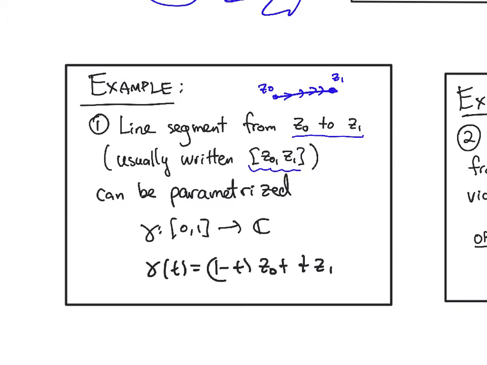And I can parameterize it using the interval 0, 1, and I'll just write gamma of t is 1 minus t times z0 plus t times z1. And so it starts at z0 because I get gamma of 0 is z0 and gamma of 1 is z1. And it's definitely a straight line.